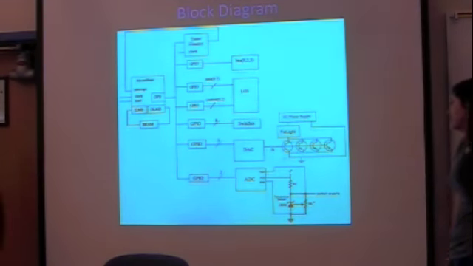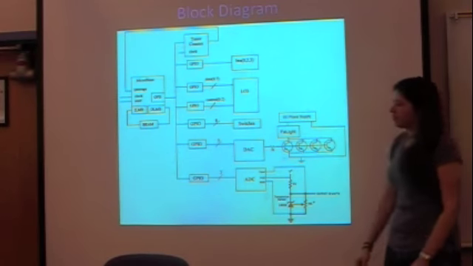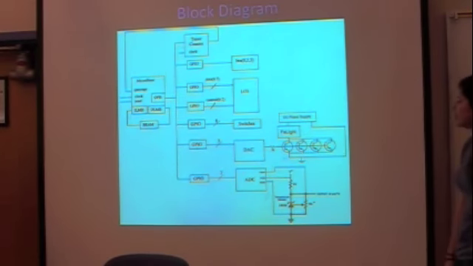So we had to output into the base of a bunch of NPNs, and we put 4 in parallel because if we only had 1, they're only allowed to run about half an amp each, so we put 4 so that they wouldn't overheat. Everything else is just what we used in previous experiments.